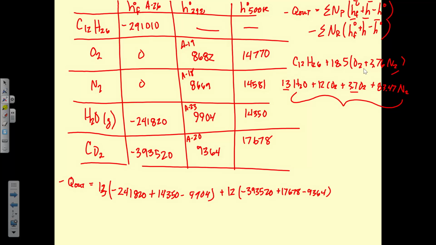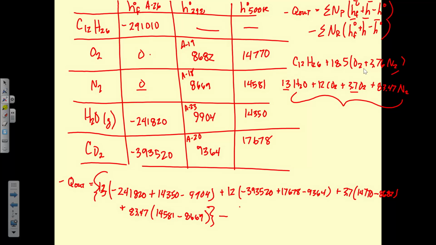Now we're looking at this O2, 3.7, and the enthalpy of formation for oxygen is 0, so we don't have to worry about that term. But we have a 14770 minus 8682, plus 83.47 times our nitrogen terms, again, 0 for the enthalpy of formation, but we have this 14581 minus 8669.